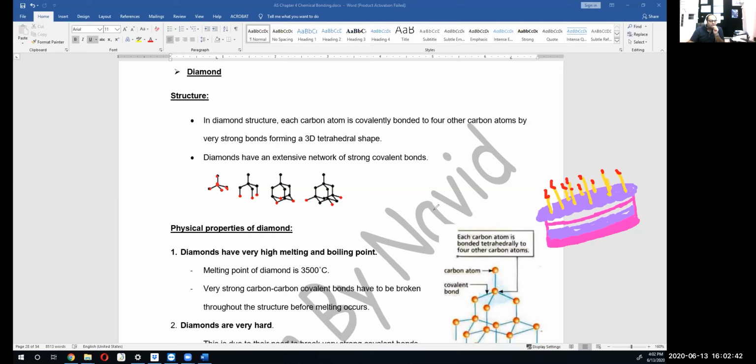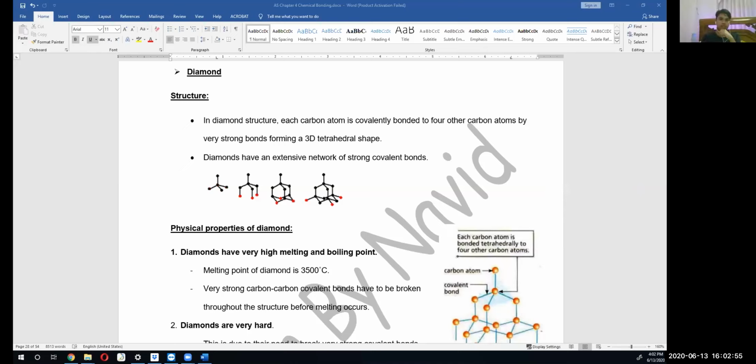Consisting of an extensive network of covalent bonds. As a result, a very, very high amount of energy is required to overcome this extensive network of strong covalent bonds.